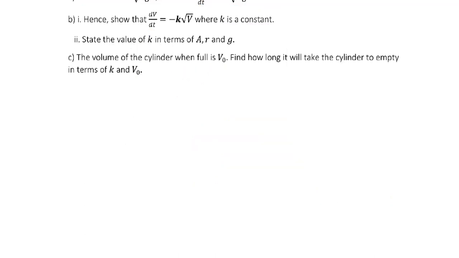Go to C. The volume of the cylinder when full is V0. Find how long it will take the cylinder to empty in terms of k and V0. We need to solve this differential equation. You will get dV equals negative k square root of V dt. Then we divide by square root of V on both sides.